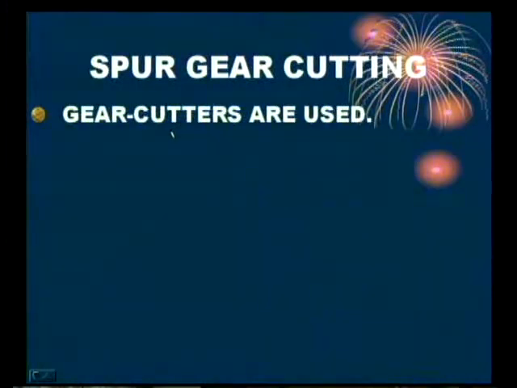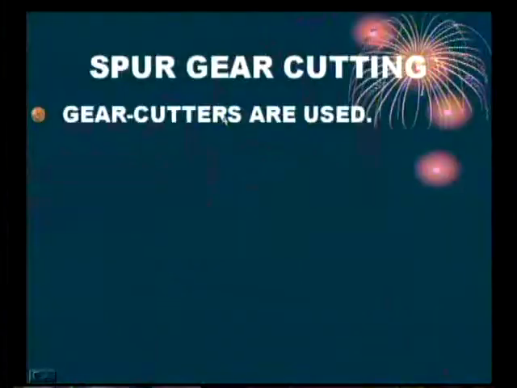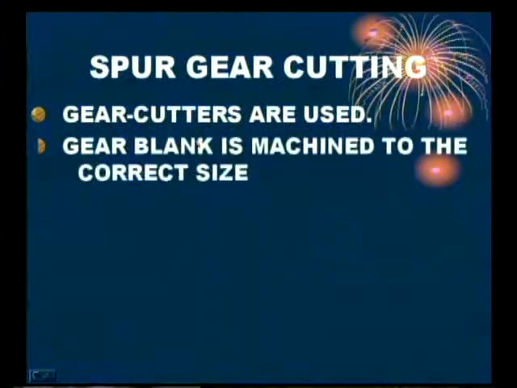The direct application of the indexing method is generating or producing a gear, a spur gear. Here the basic principle is, in spur gear cutting we need gear cutters. For spur gear manufacturing, gear cutters are used. And another point is, the gear blank is machined to the correct size.